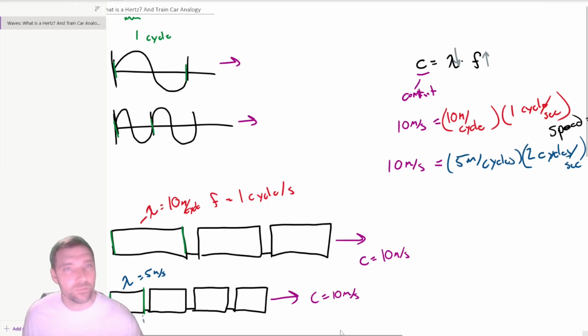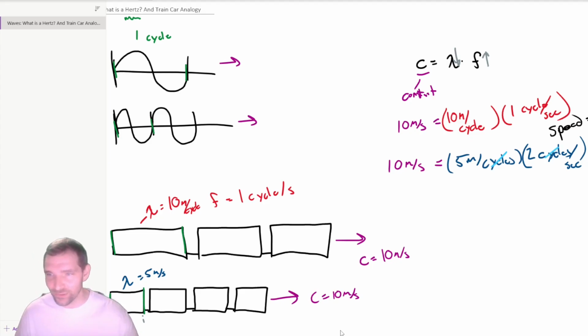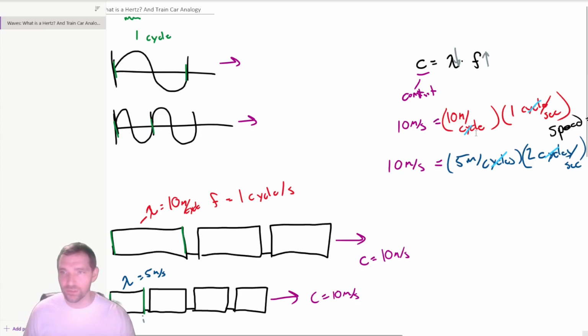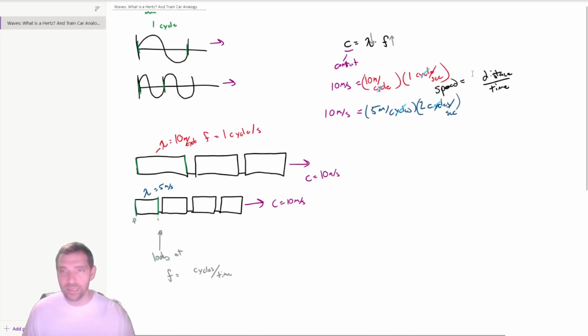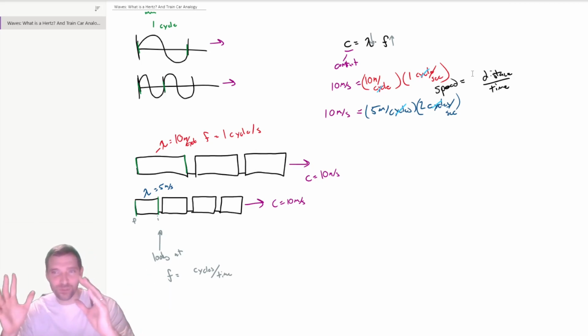So you can see when we think about this in terms of cycles, this term cycles is getting canceled and leaving you with meters per second. Typically, though, we don't use the word cycle here. It's just implied. This is a distance with 1 unit. This is a number of those units that have gone by in 1 second.